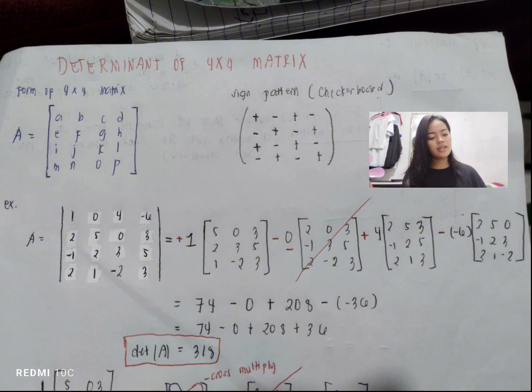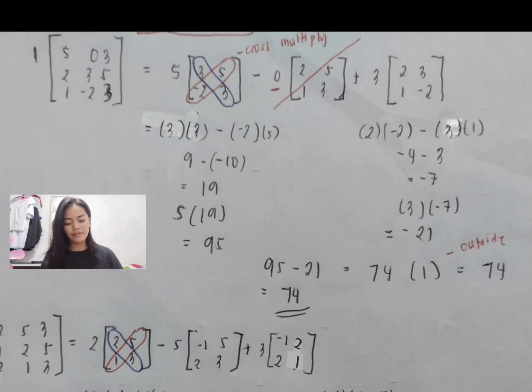Now, in solving the determinant of these items, we do it like this. From 3 by 3 matrices, we need to go down to 2 by 2 matrices. So, we first solve the first one, which is 1, whose entries are 5, 0, 3; 2, 3, 5; and 1, negative 2, 3.